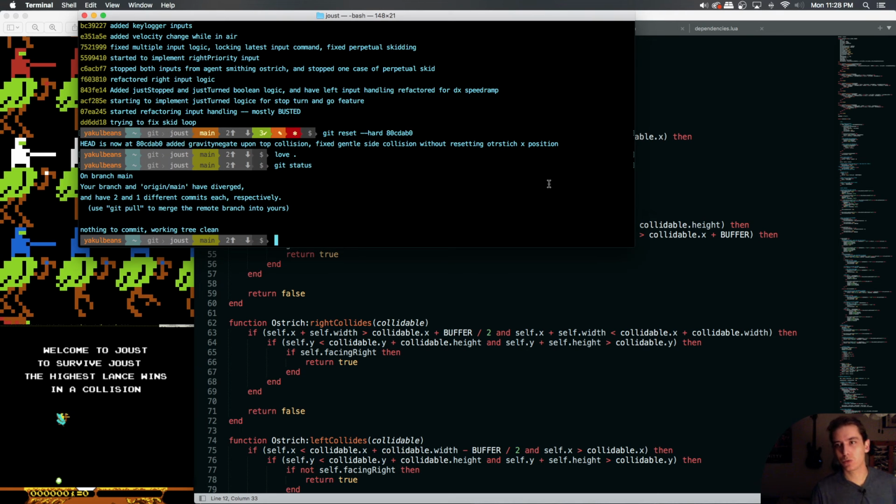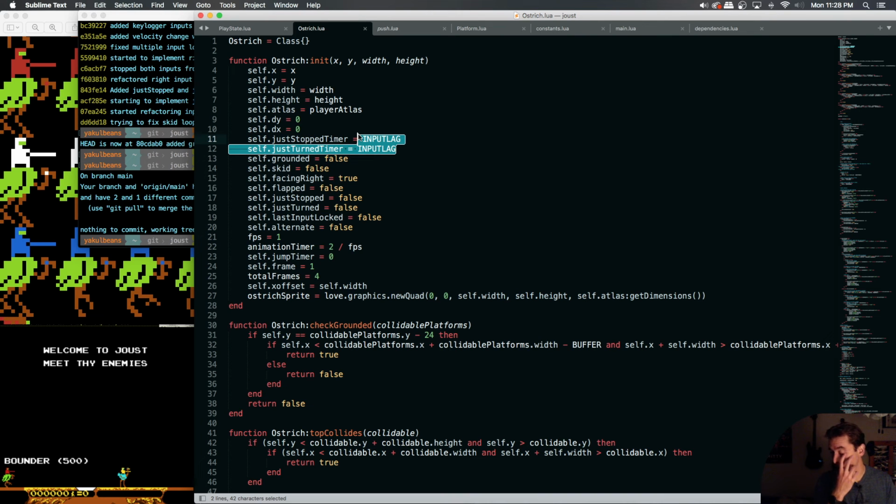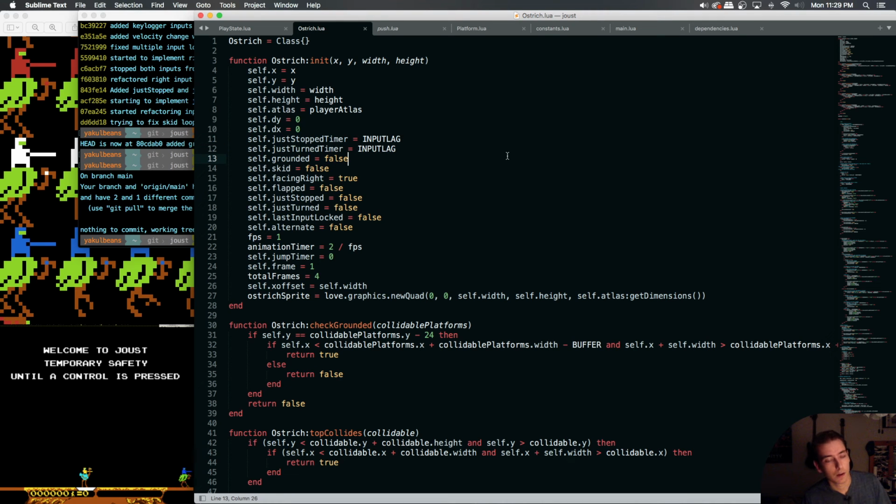The merge conflict. So what's confusing to me is, why was my version of input lag not a merge conflict with the busted one? I'm forgetting what the constant was I had that named as, but I don't know what to do.